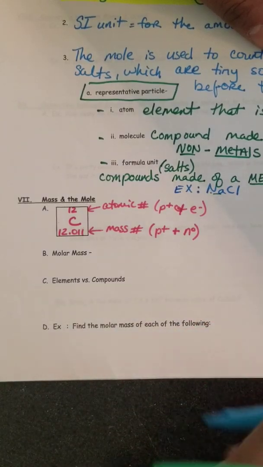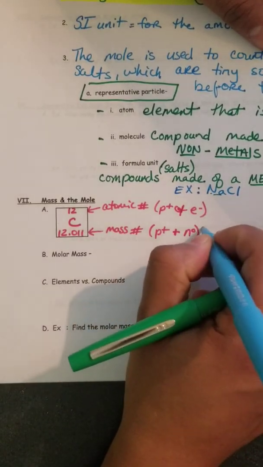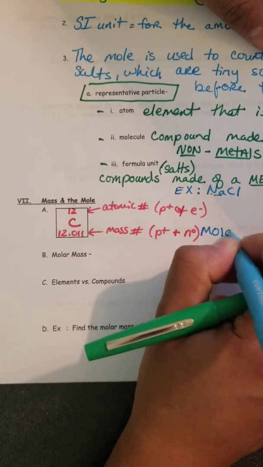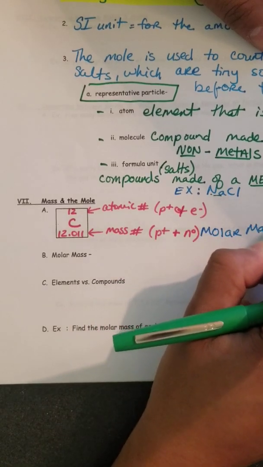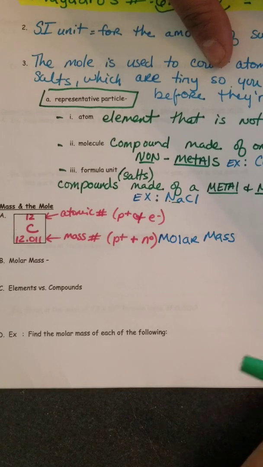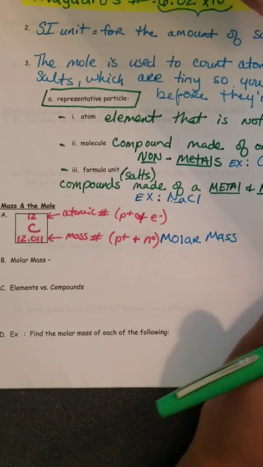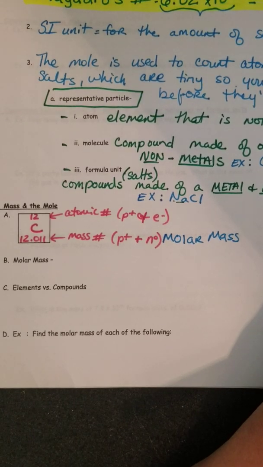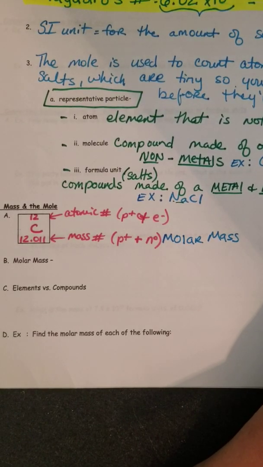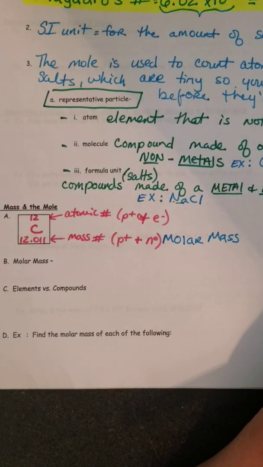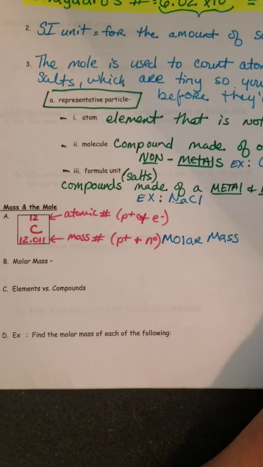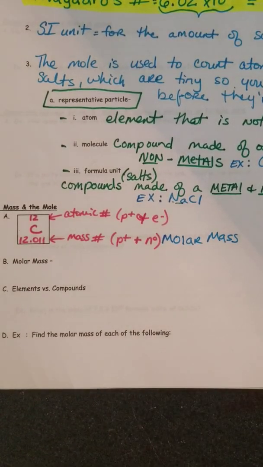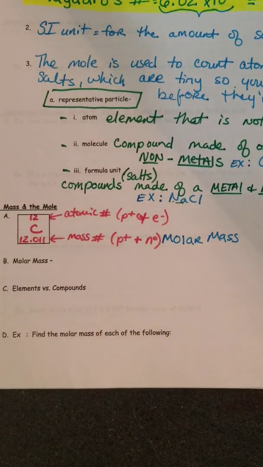But more importantly, it's what we call the molar mass. Yes, it is the atomic mass. Yes, that mass number is a decimal because it is the average of the isotopes. Yes, the mass number is the number of protons plus the number of neutrons. But overall, this mass number is what we call the molar mass.